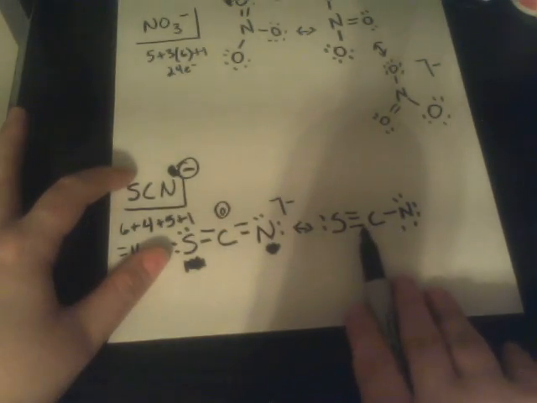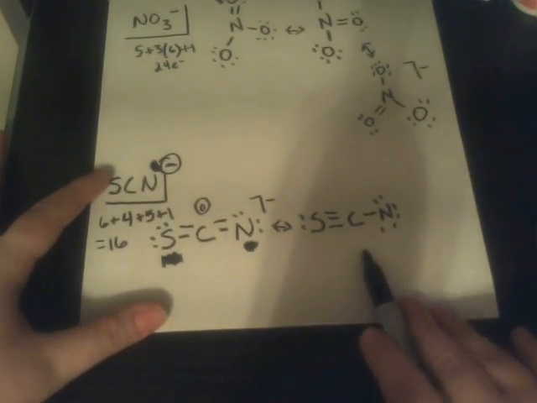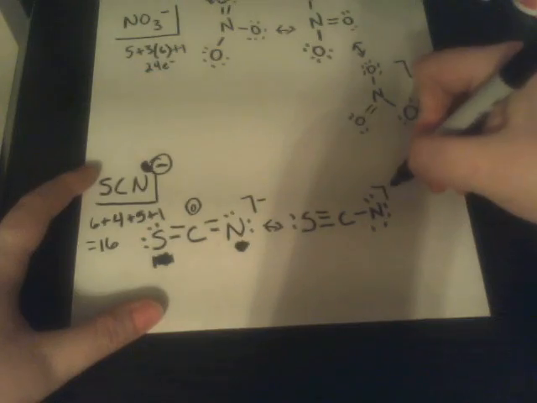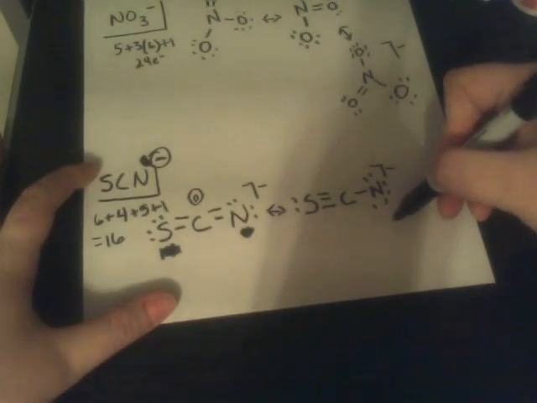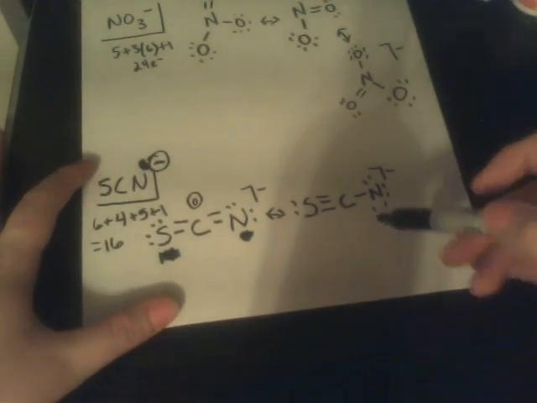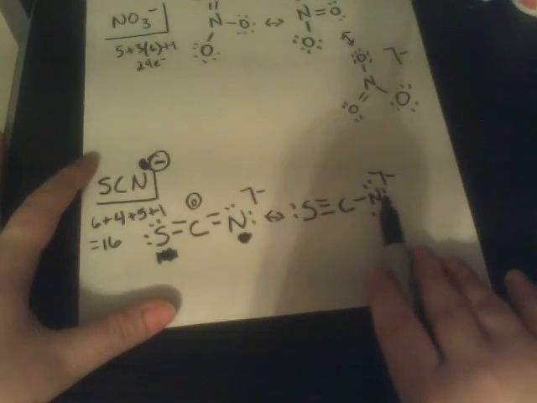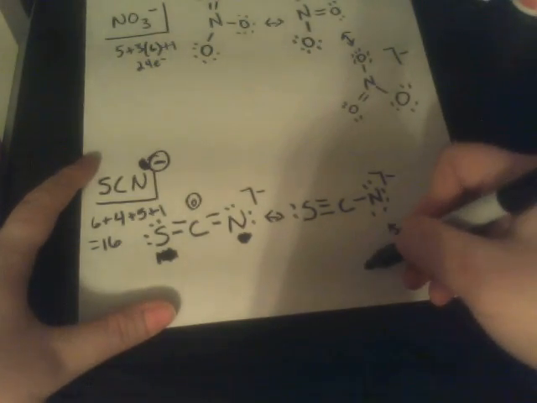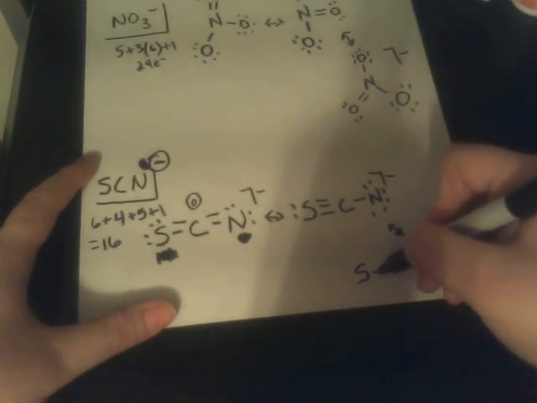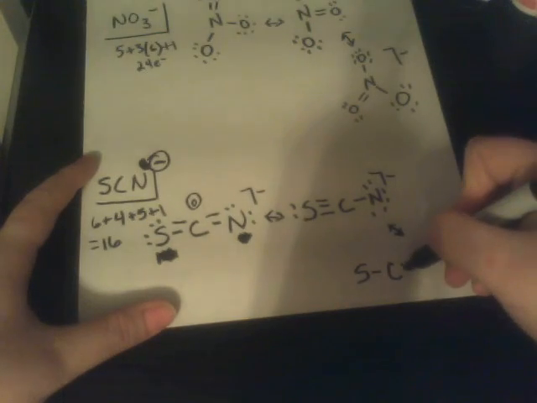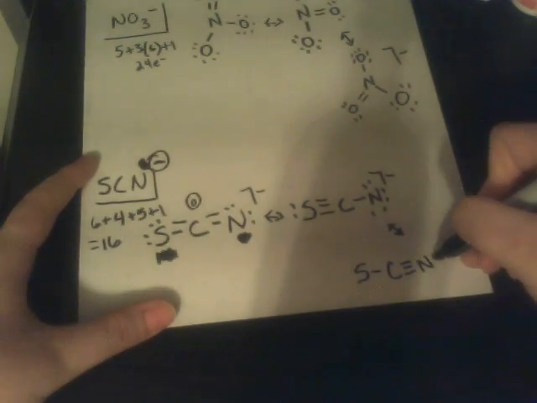So this is a possibility. What's another possibility? Running out of room, but that's all right. What if nitrogen was the one to triple bond? So we have these situations where nitrogen could have been the one to triple bond.